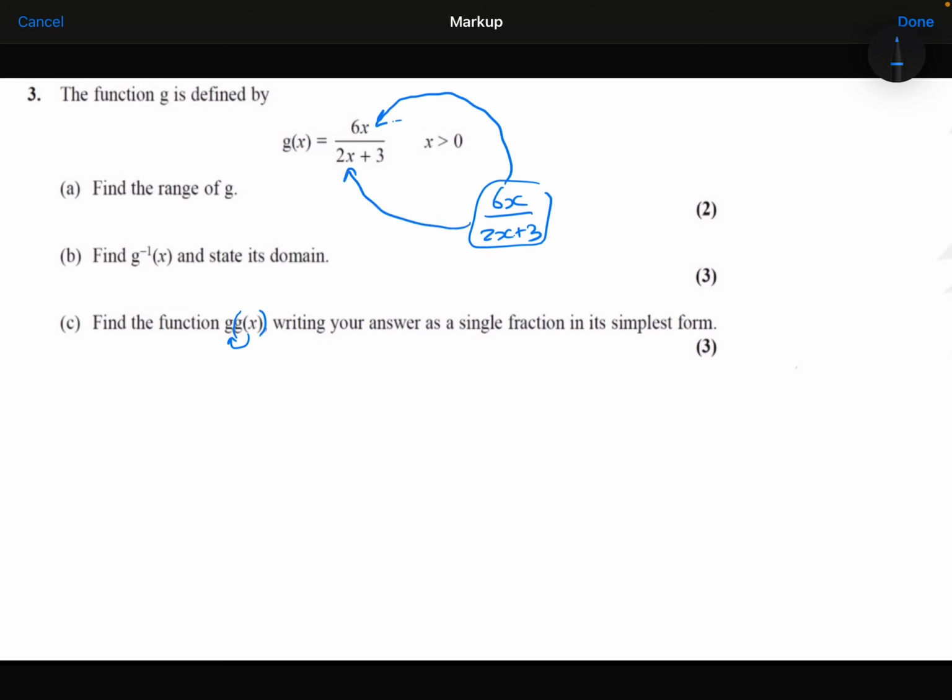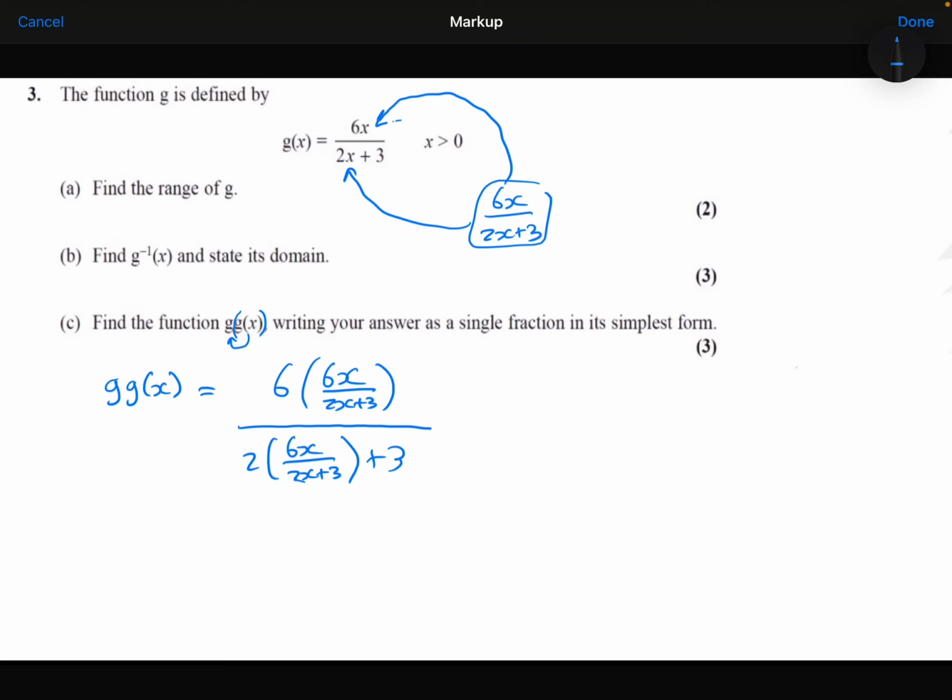So g of g of x will equal 6 lots of the 6x over 2x plus 3, all divided by 2 lots of the 6x over 2x plus 3 plus 3.